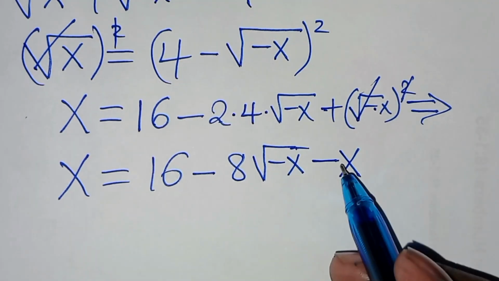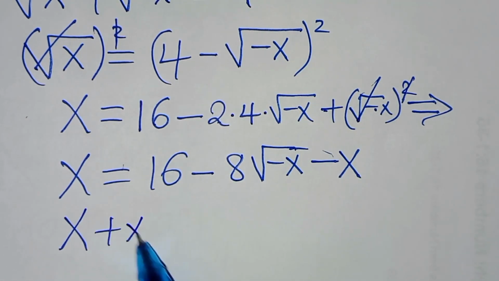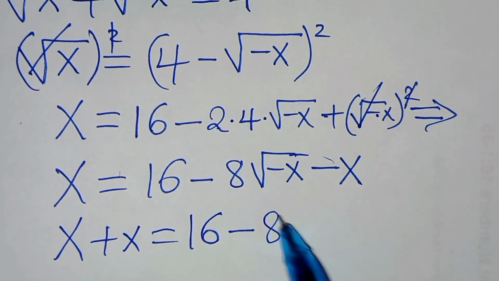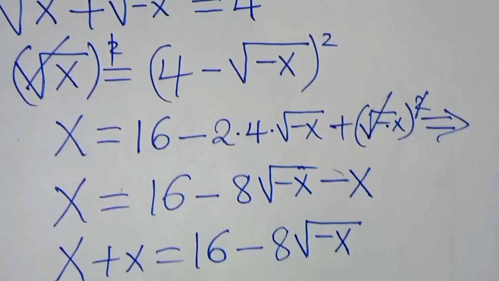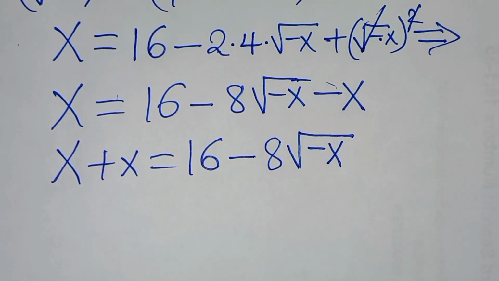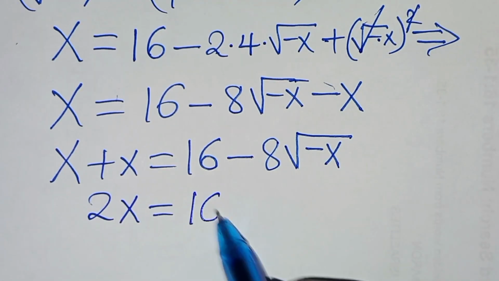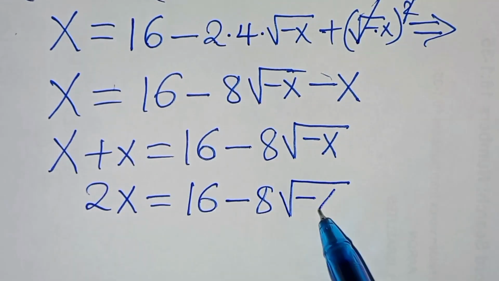So let's take minus x to the left hand side so that we have x plus x equal to 16 minus 8 multiplied by the square root of minus x. Now, we have 2x equal to 16 minus 8 multiplied by the square root of minus x.